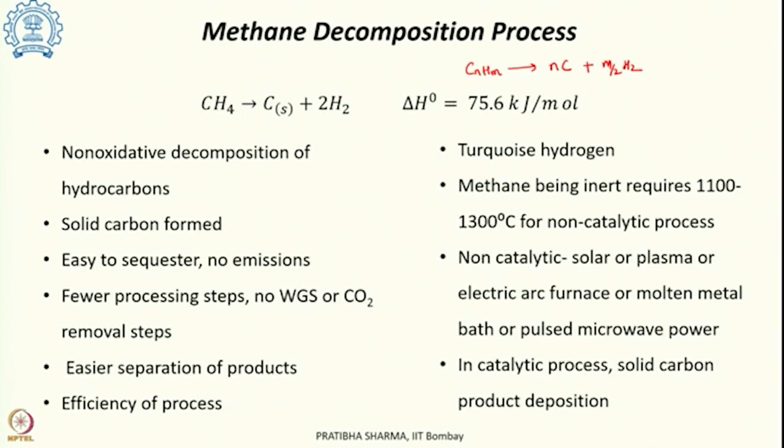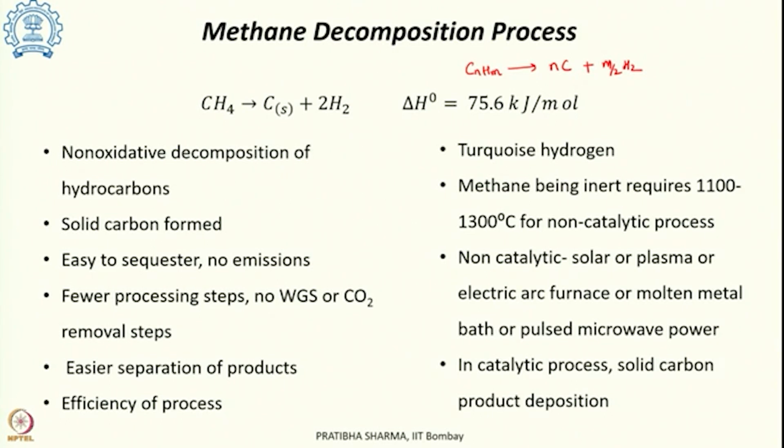Those were gases, carbon monoxide or carbon dioxide, which you have to separate, requiring bulky separation processes, and then sequestering them was complicated compared to methane decomposition. Other than that, we are not getting any CO or CO2 emissions in the process. So, the method is relatively simpler.